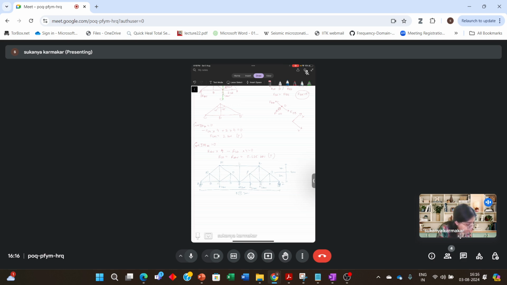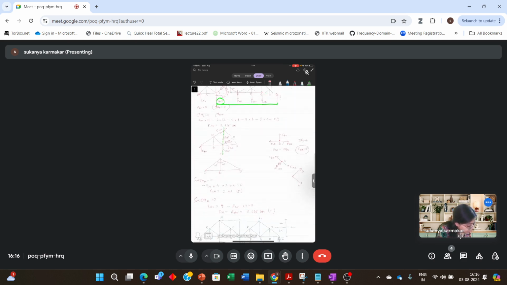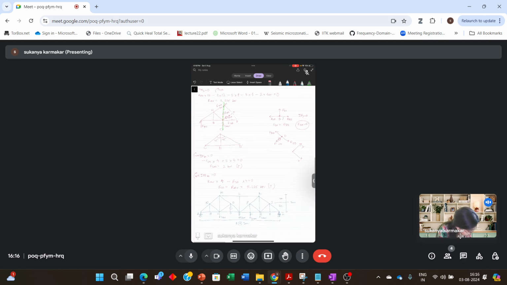We have already identified that this is a zero force member and this is a zero. Similarly, if you look at equilibrium at point B, AB and BC are collinear, so the forces will be equal and opposite. So this will be a zero force member.